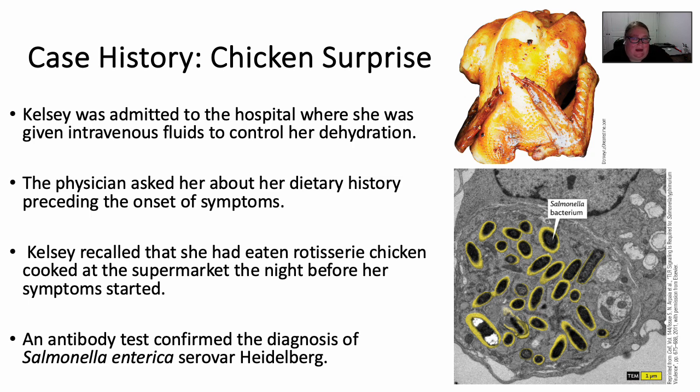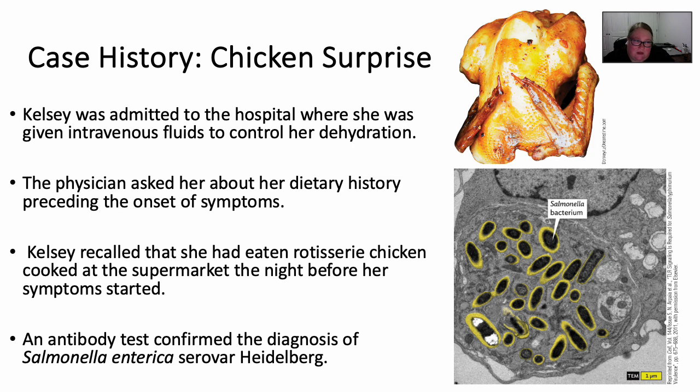The antibody test came back positive for Salmonella enterica serovar Heidelberg. Just a quick note, serovar means strain. So this is a specific type of Salmonella enterica. Salmonella enterica is actually a pretty interesting bacteria. It has over 4,400 different strains.